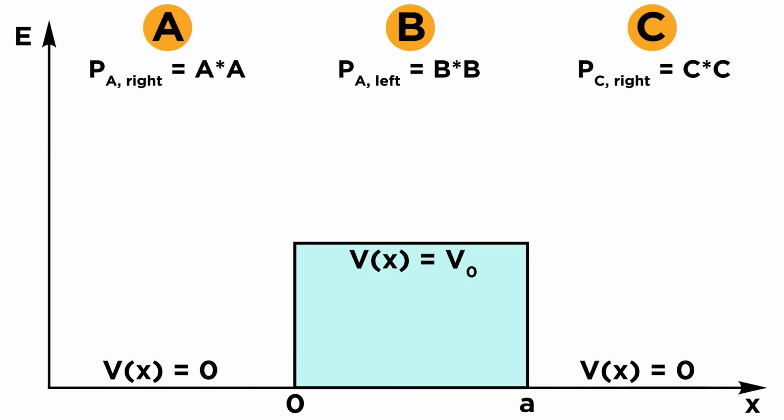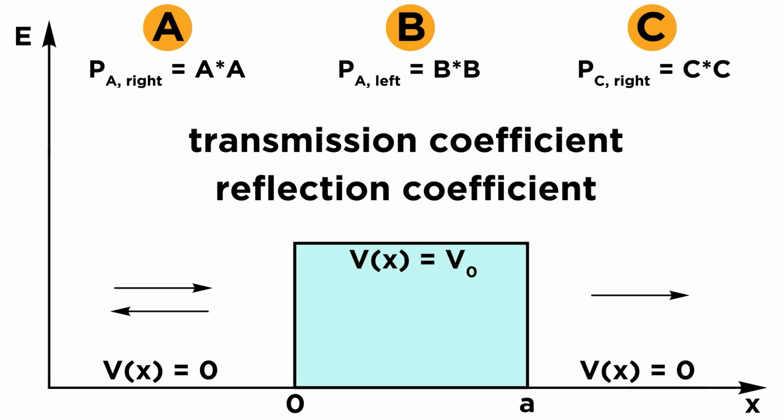To reiterate, we want to define these probabilities, moving left in A and moving right in C, with respect to the probability of the particle moving to the right in region A, which we can call the incident particle. This will allow us to define reflection and transmission coefficients, where a particle moving to the left in region A has necessarily been reflected by the barrier, and a particle moving to the right in region C has necessarily undergone transmission through the barrier.